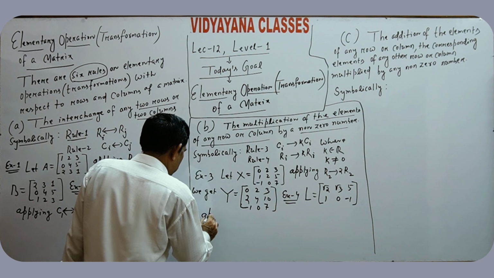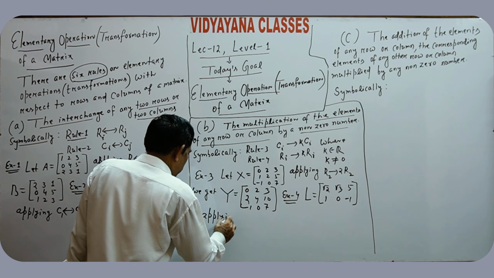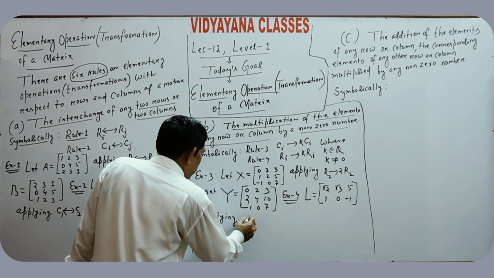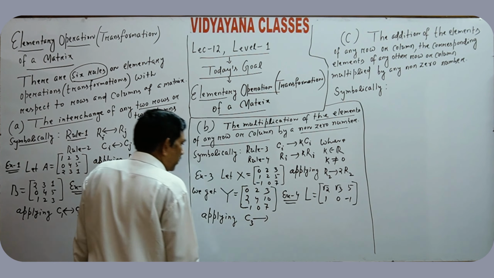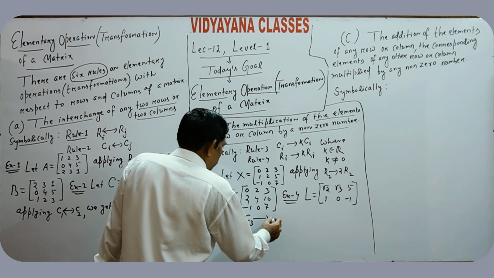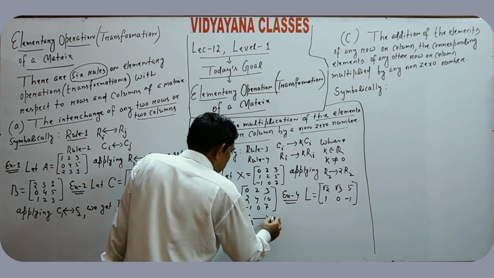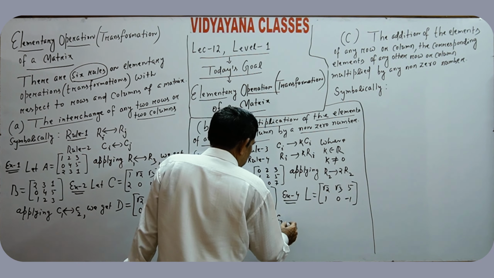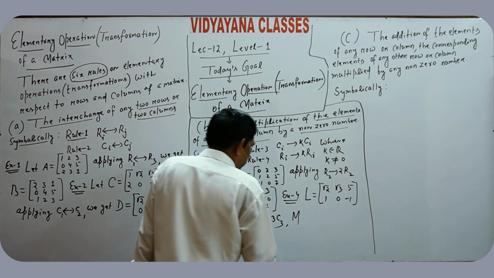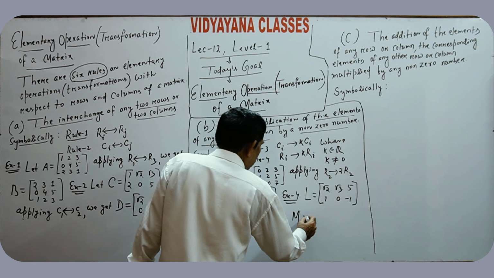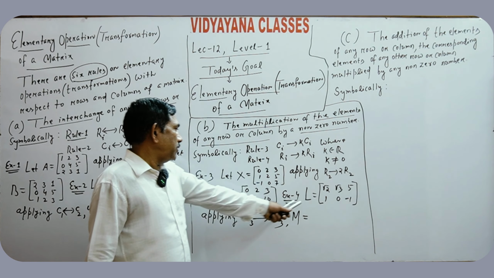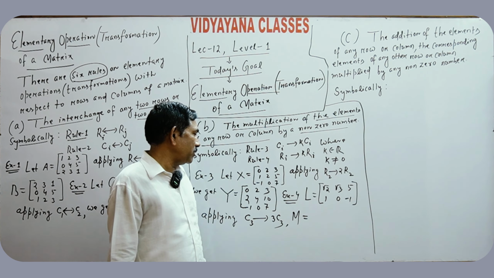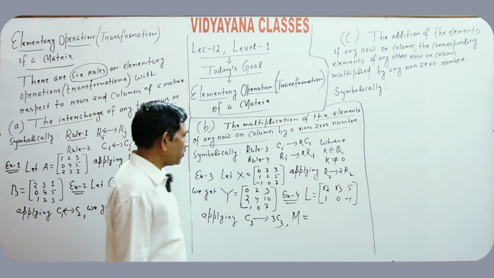Applying column 3 is replaced by 3 times of column 3. L is this matrix. Applying C3 is replaced by 3 times of C3, we will get another matrix. Suppose it is M.